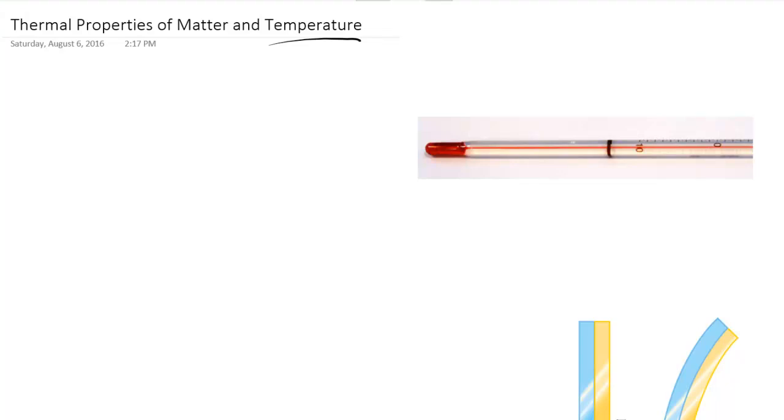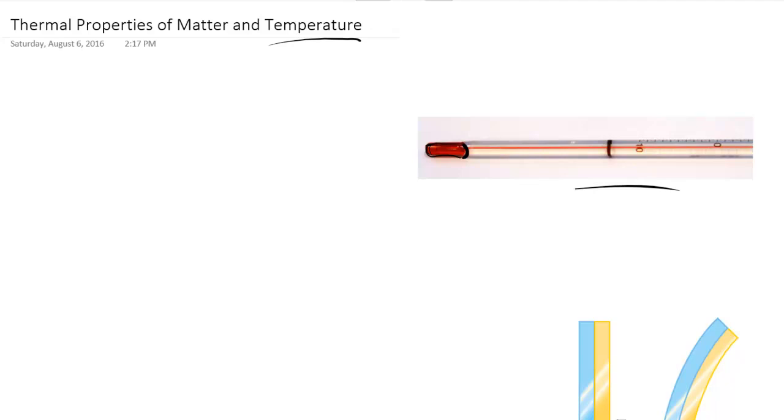matters. So take, for instance, this thermometer that we have in the picture here, that has in the base of it an alcohol that is dyed red. And we know how much it will expand when we increase its temperature a certain amount.